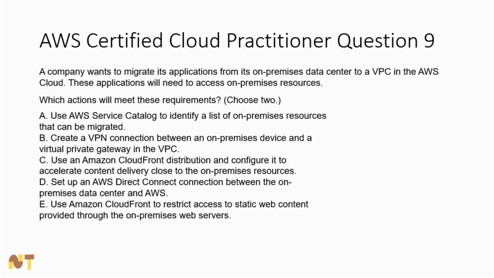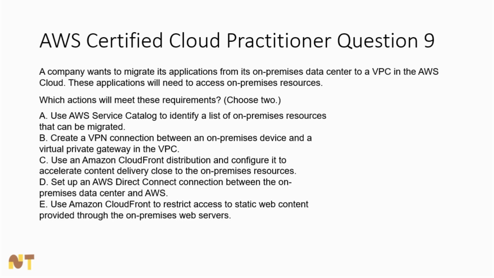Option C. Use an Amazon CloudFront distribution and configure it to accelerate content delivery close to on-premise resources. Option D. Set up an AWS Direct Connect connection between on-premise data center and AWS. Option E. Use Amazon CloudFront to restrict access to static web content provided through on-premise web servers.